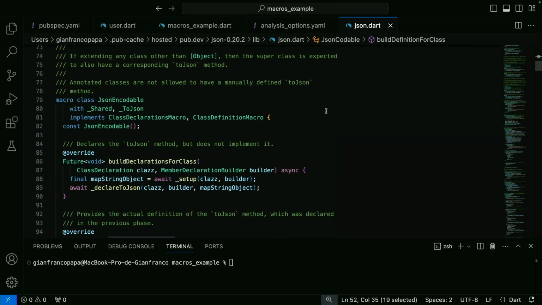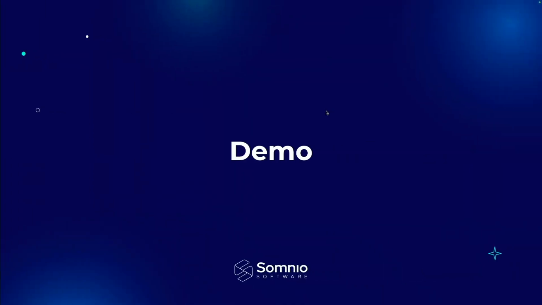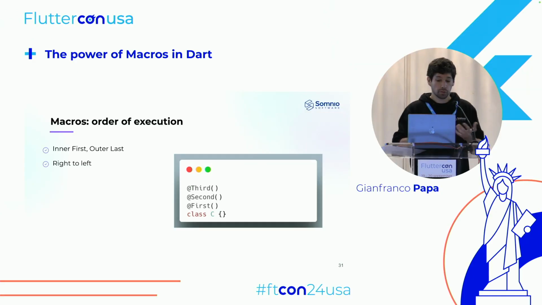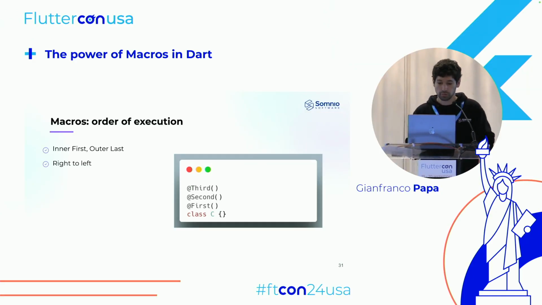Okay, so maybe if we go to the slides again. Something that we didn't mention is that macros could be everywhere in our code, so there clearly has to be an order of execution. Let's say we have a class with three annotations; that will be the order of the execution.